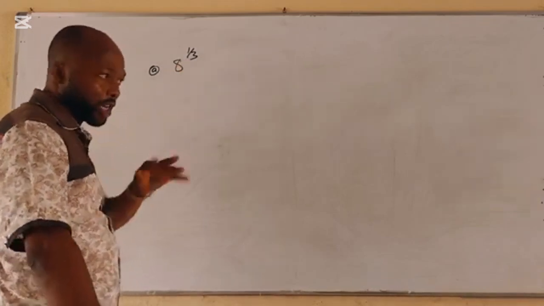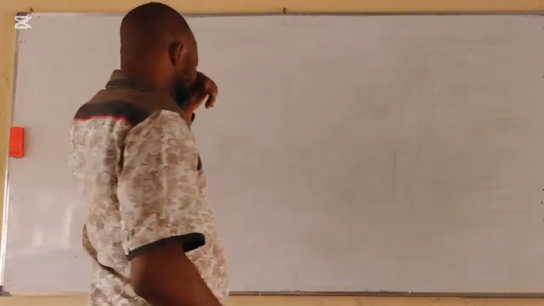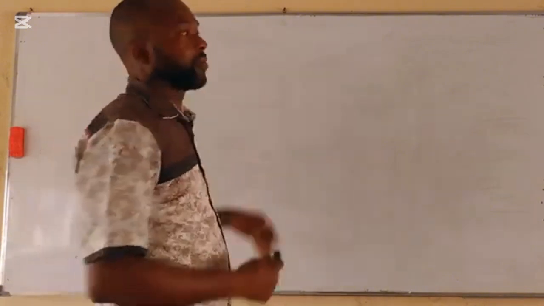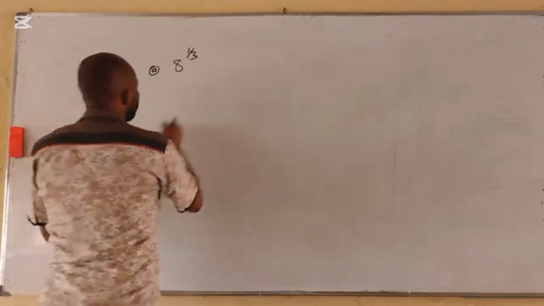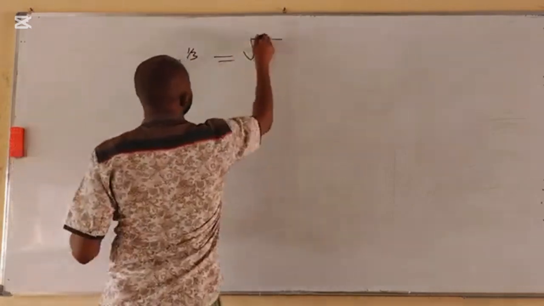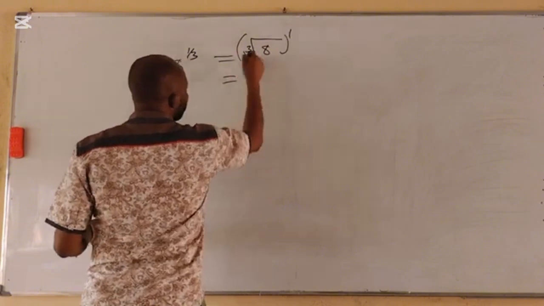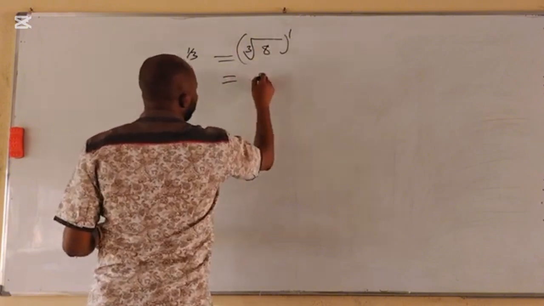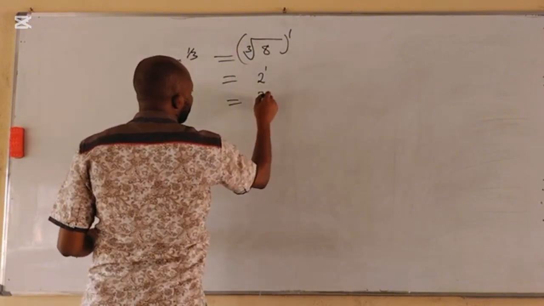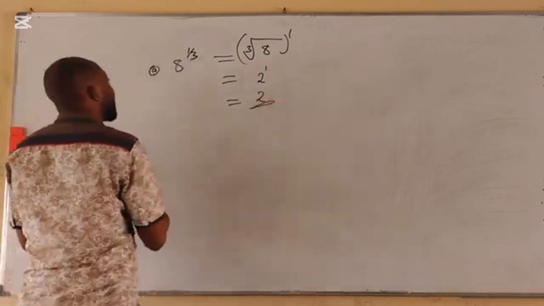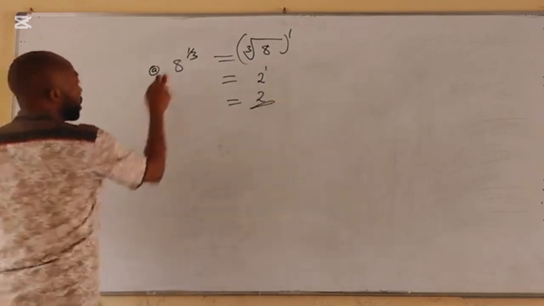That is if you have your calculator to know that. But if you don't have your calculator, we can use the Powers law to resolve that. So first of all, this is the same thing as the cube root of 8 raised to the power of 1. The cube root of 8 is 2 raised to the power 1, and this is 2. But we can also use the Powers law, that's fractional index.